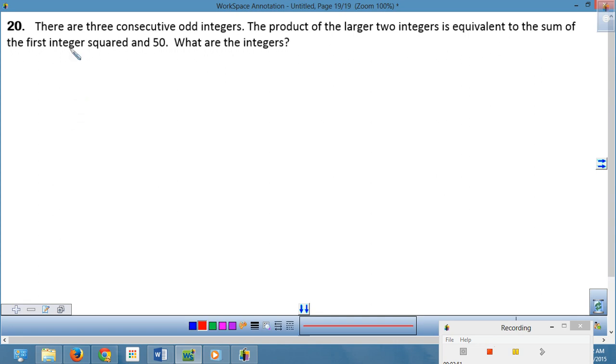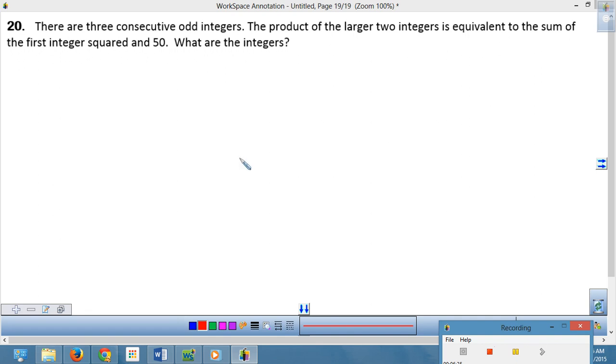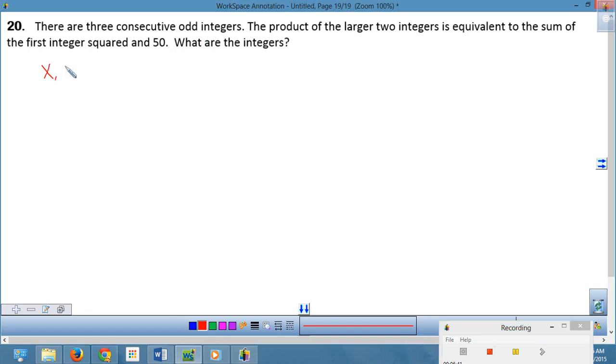Number 20. It says 3 consecutive odd integers. Well, if you remember from the previous question, when we had consecutive integers and it was odd, you just do x plus 2, x plus 4, and there's 3, so we stop. So now it says the product of the two larger integers. So it's the same exact type of question we were doing before.